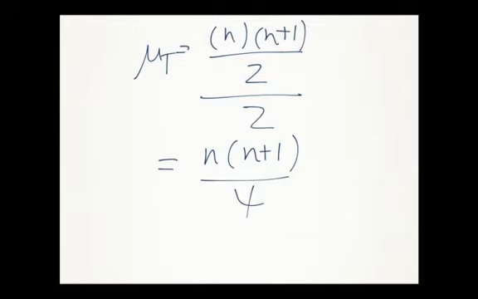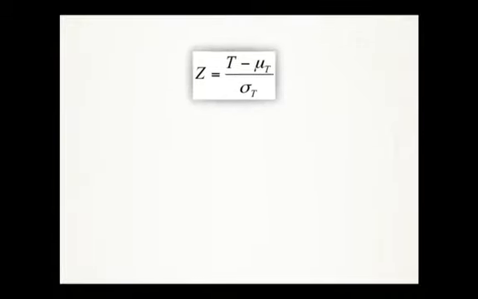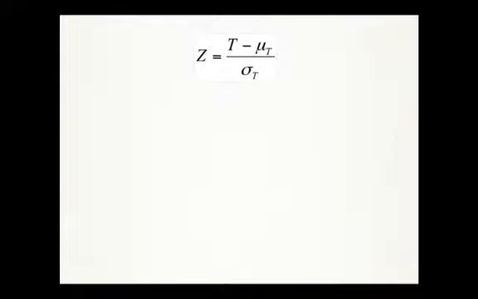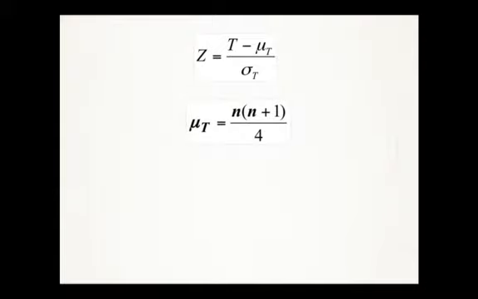We won't go through a similar derivation for the standard deviation. I'll just present the formula instead. Let me just pull up the corresponding slide. So we had this as our statistic, and then here is the formula for mu sub t.